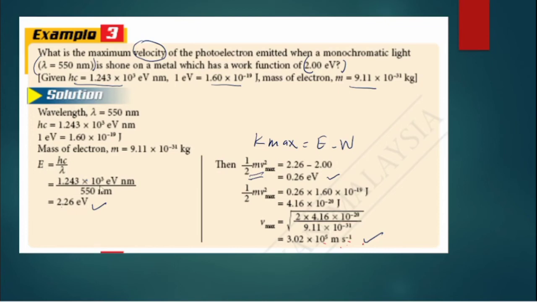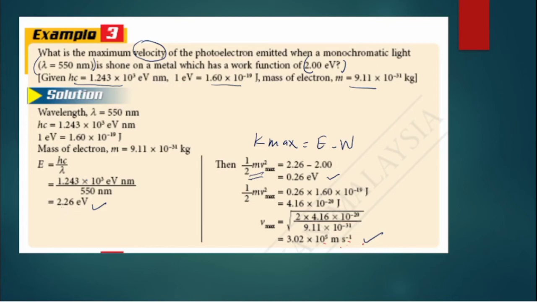The unit given for hc is eV nanometer, so the nanometer above and below can be cancelled. This means the wavelength does not need to be changed to meter, because it is given in nanometer. So you get 2.26 eV.